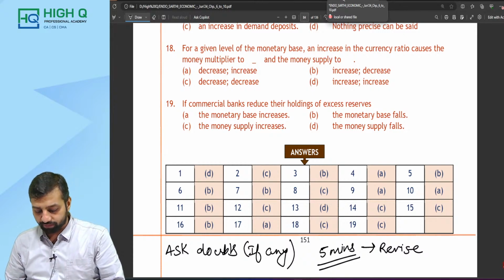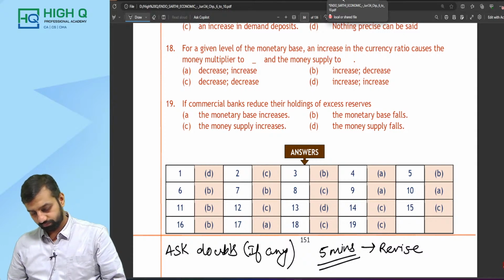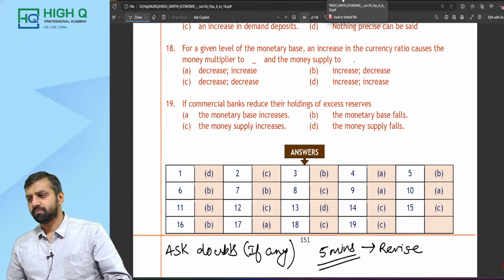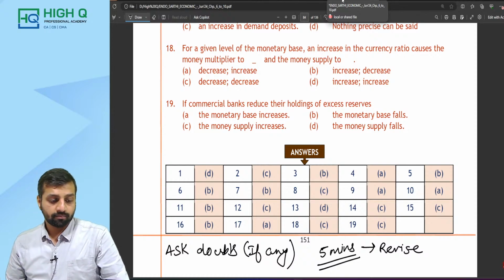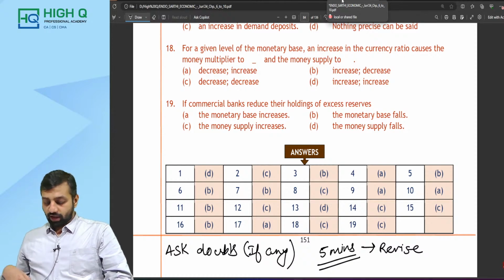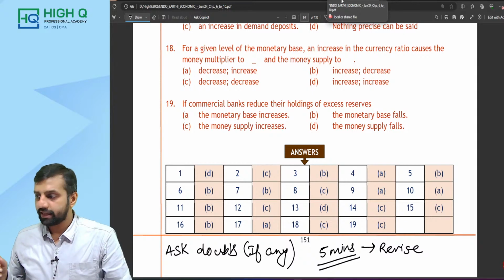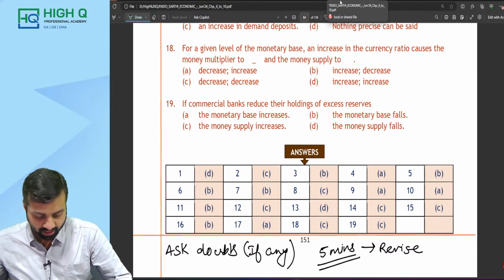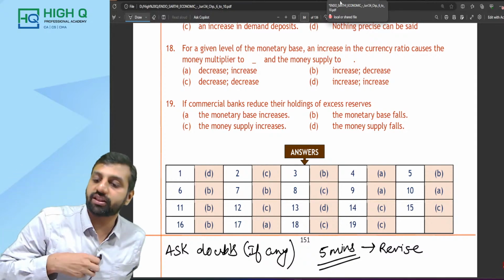You can download it from there. I'll be back in 5 minutes. I want you all to ask me doubts if you have any. If not, we will go to the next part of the chapter.